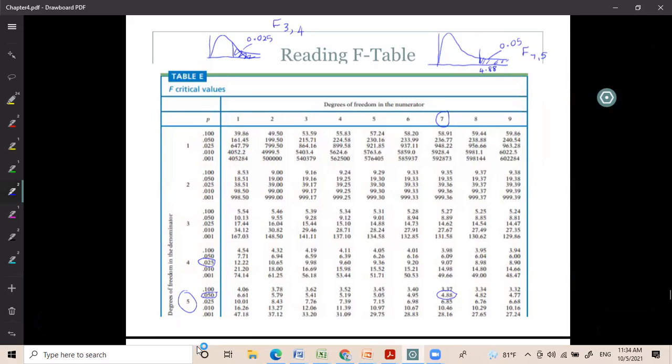So I go along this line until I come under 3. So here it is. 9.98 is the F score. Okay. So likewise, you can find the F scores.